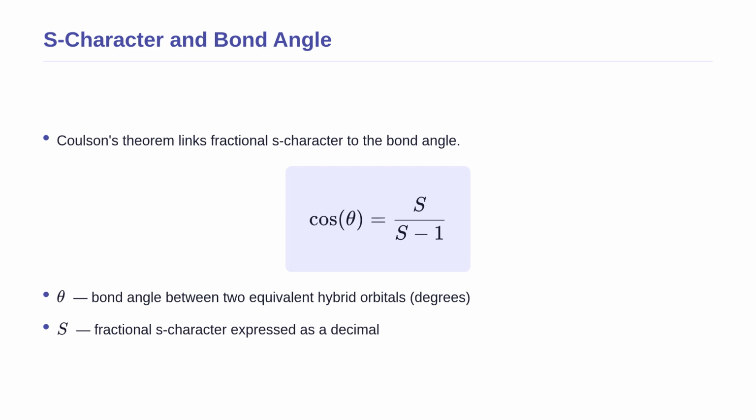In this equation, theta represents the bond angle measured in degrees and capital S represents the fractional s character expressed as a decimal, for example 0.25 for an sp3 orbital. Because the cosine function is negative for angles between 90 and 180 degrees and S is a fraction less than 1, the math perfectly balances out. As s character increases, the fraction becomes more negative, meaning a wider bond angle.